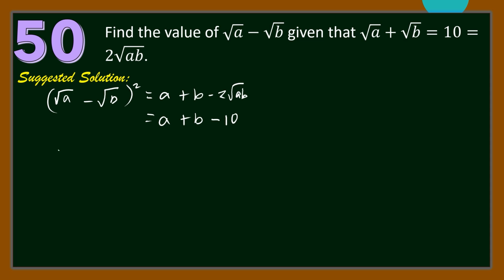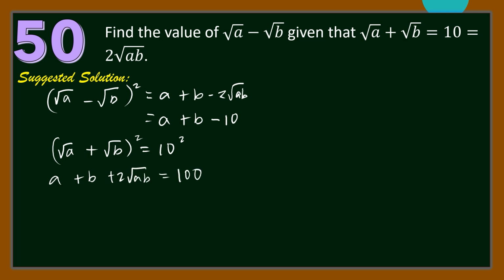Now we know that square root of a plus square root of b is equal to 10. If we square both sides of this equation, we have a plus b plus 2 square root of ab equals 100. And since 2 times square root of ab equals 10, then we know that a plus b is equal to 100 minus 10, that's 90.